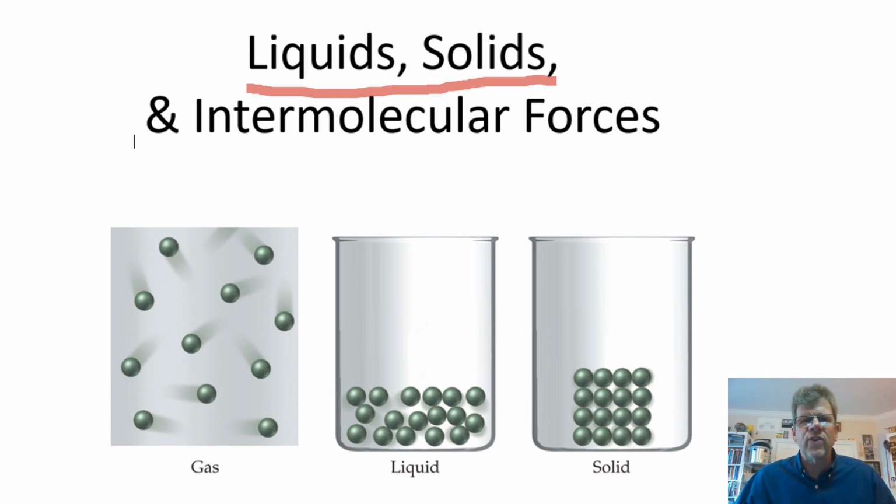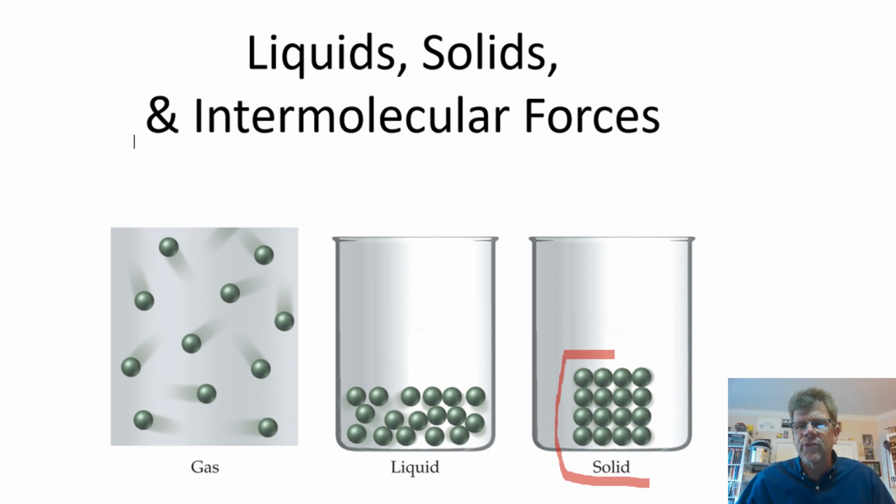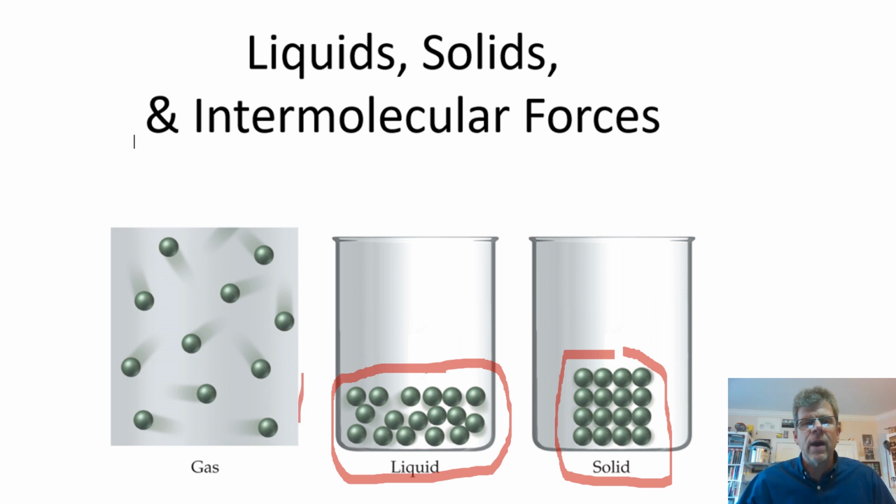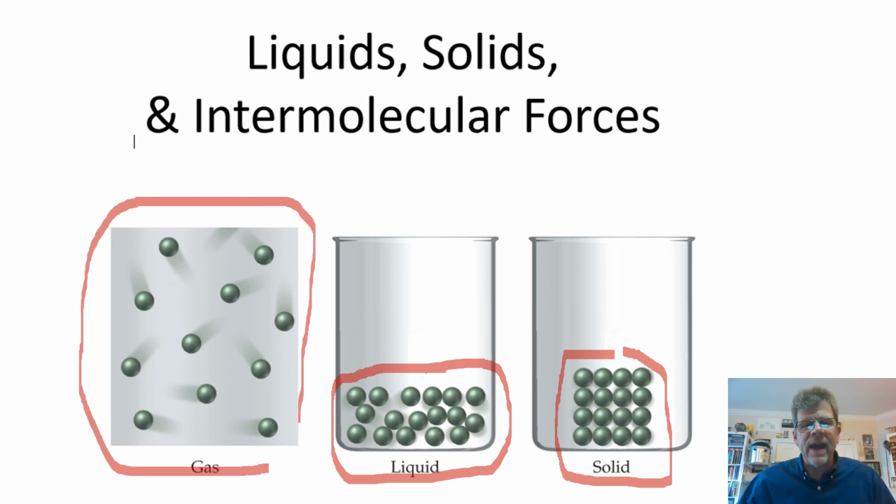Really, the question here that sort of defines this chapter is, why do liquids and solids exist at all? Why isn't everything a gas? Why don't these particles, whether they're in a solid or a liquid, simply drift away from each other and become what we see here as a gas?